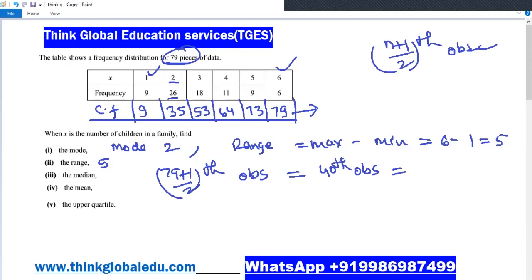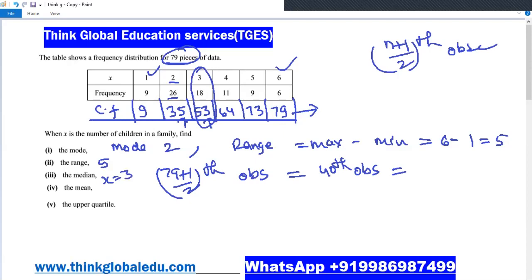Now we have to check from the table. The 40th value won't fall under 35, it will come under 53. So we mark this value. This is the median, X equal to 3. You can write just 3 as the median.